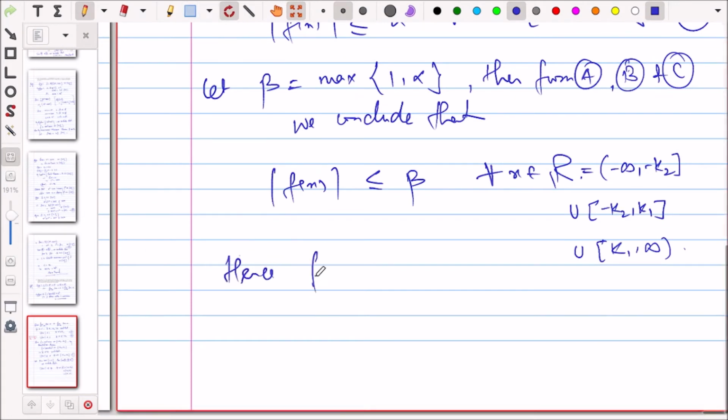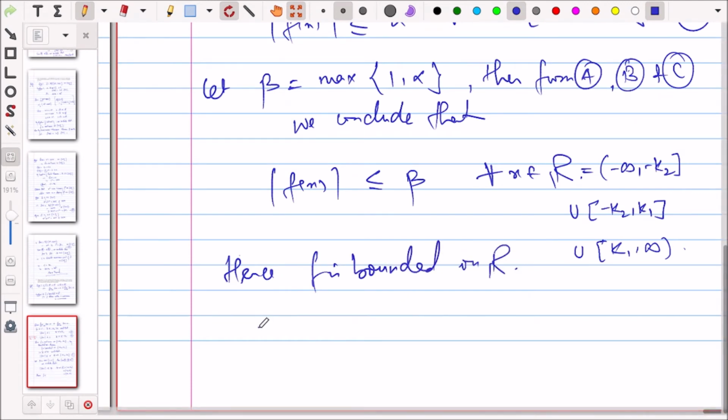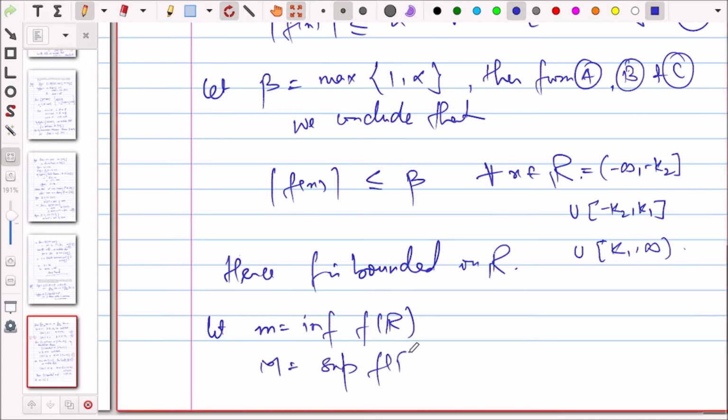Hence f is bounded on R, so we can have supremum and infimum. Let m equal to infimum of f of R and capital M equal to supremum of f of R. Now we want to show that one of them is attained, so whichever is non-zero we will prove that that one is attained. We will do it in two cases.